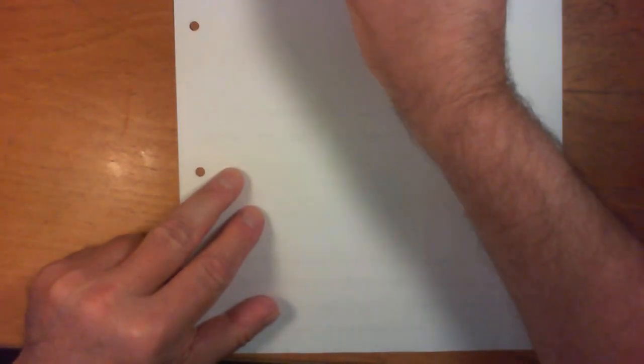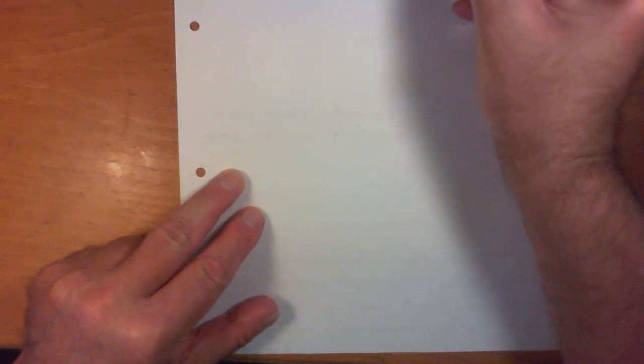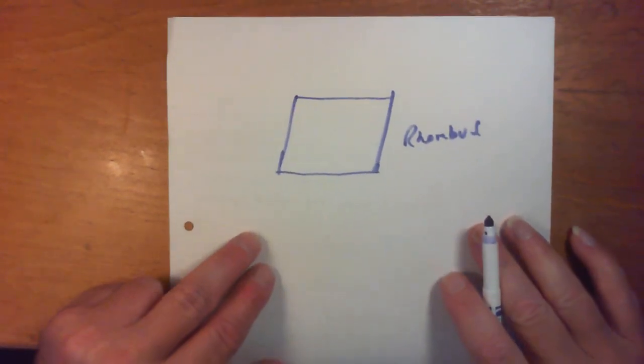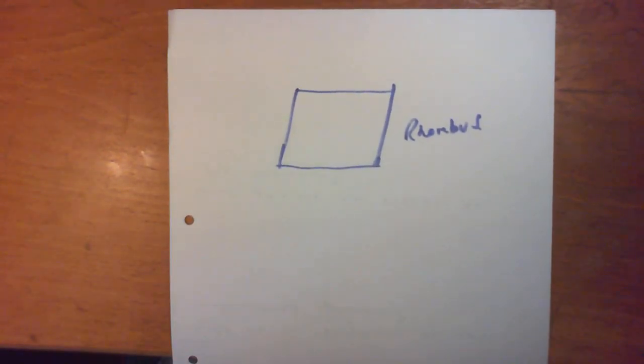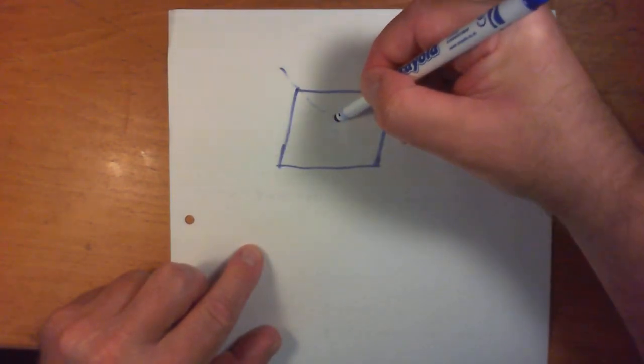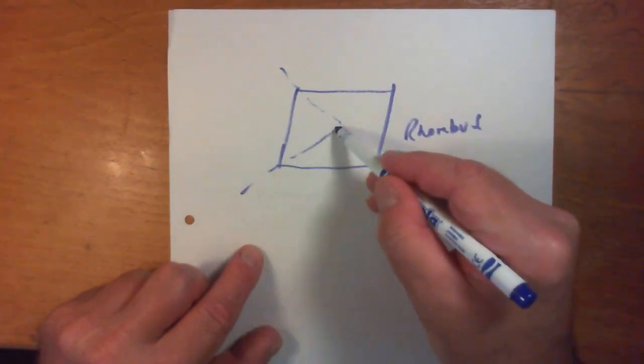Paradoxically, when I got to the rhombus, oh, sorry, this indeed does have some lines of symmetry. There's the line going through here and the line going through here.